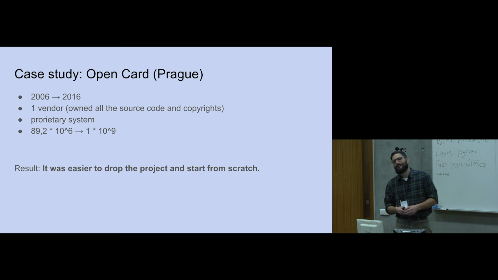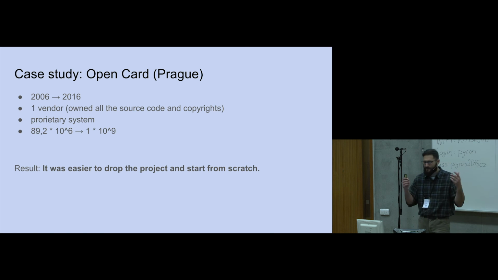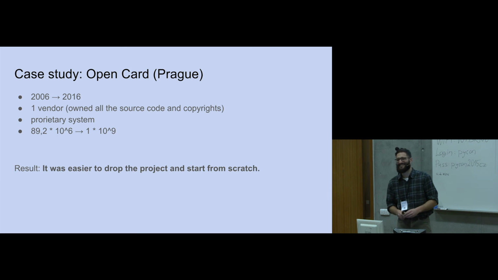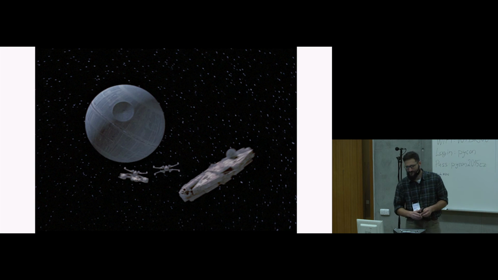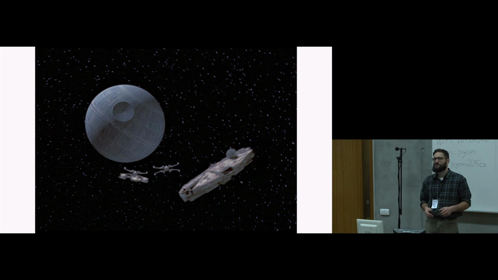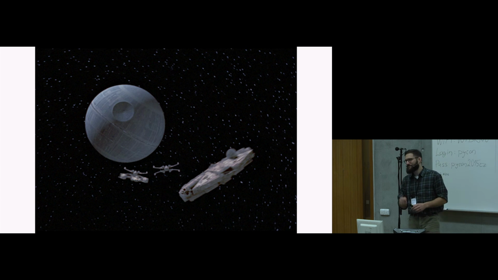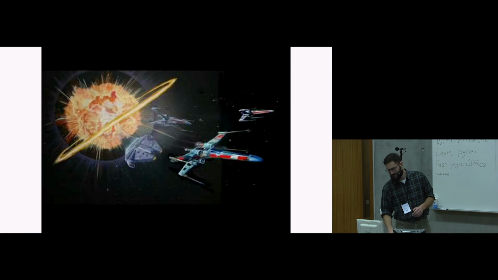You should use it for public transport, for libraries, for theaters. At the end, there were like 3 functions, or maybe 2 functions, not 20 as planned. And it cost nearly 1 billion crowns. And the result, in 2016, it was easier and cheaper to drop the project and start from scratch. My comment is, we had a great-looking, promising public administration project, and this is how it ended up.